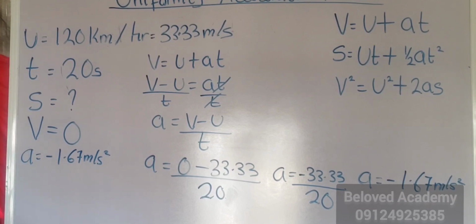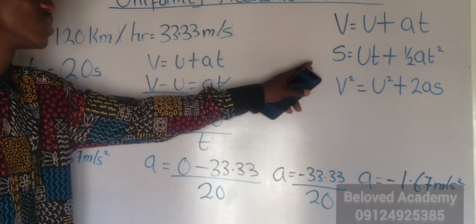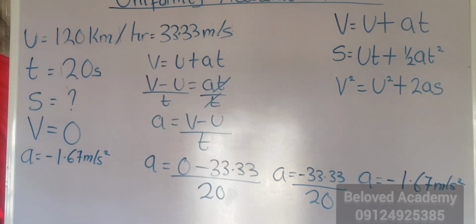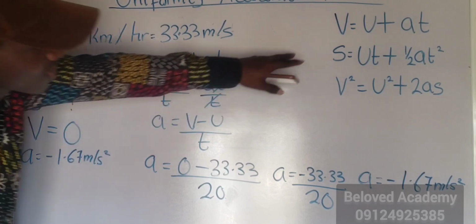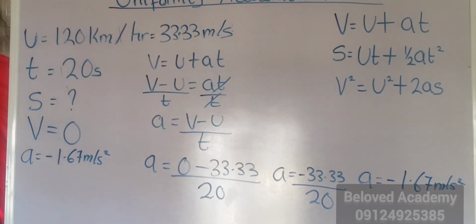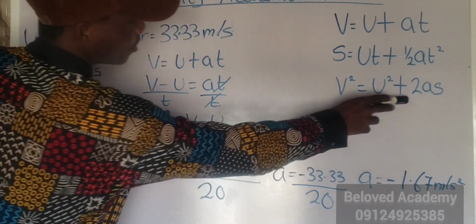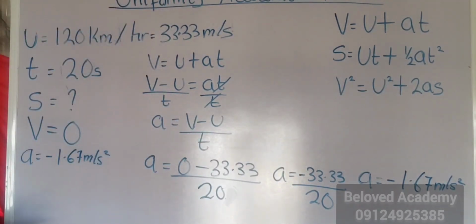If you want to calculate the distance now, which of these equations are we going to use? The best equation to use is the second equation, and you can also make use of the third equation, because the distance is present in both of these equations. If you make use of either the second or the third equation, you're going to get the same answer.